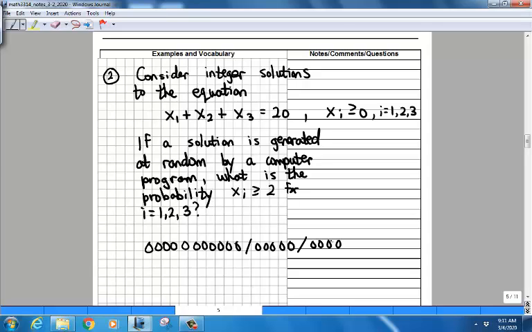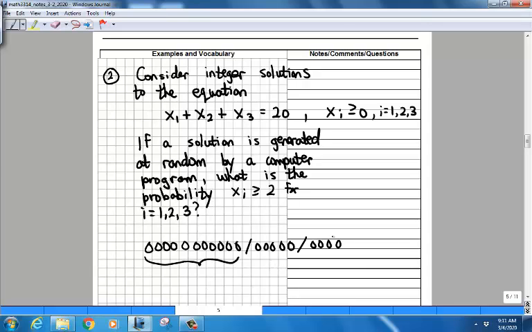So I'm going to write down, just like we did last time, a sequence of zeros and slashes. How does that correspond to Sean's solution? Yeah, the number of circles is an integer, right?